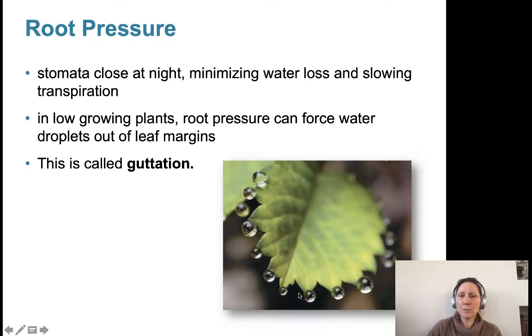If they're really short plants, then while those stomata are closed at night, water is being drawn into the roots because of that solute water potential gradient. Then when it comes into the root, if they're short enough, it can force its way so far into the plant that it actually starts to come out the tips of the leaves. And when that happens, that's called guttation.